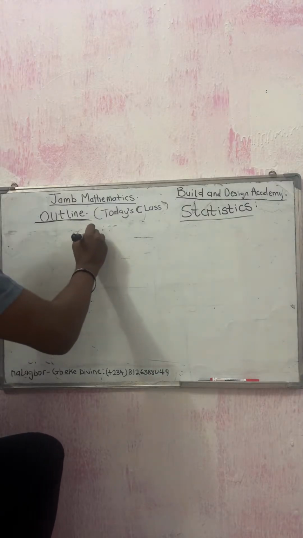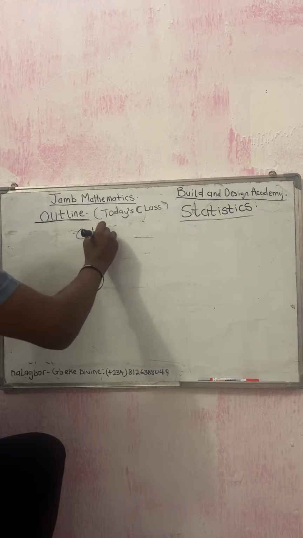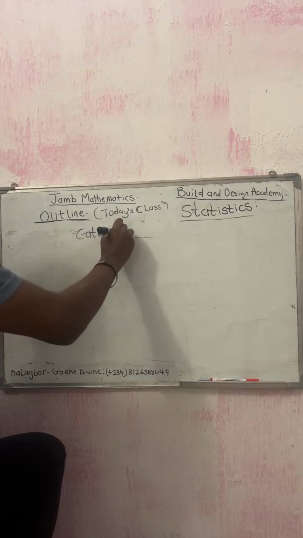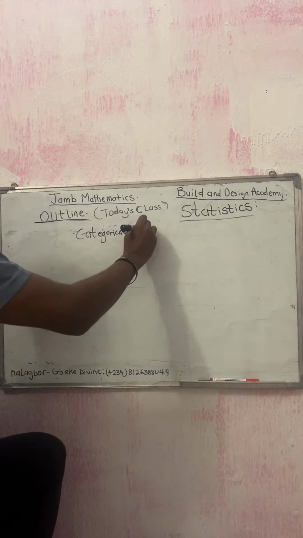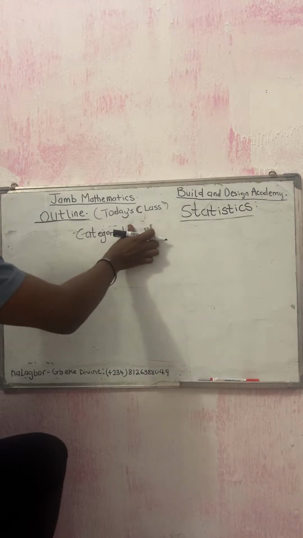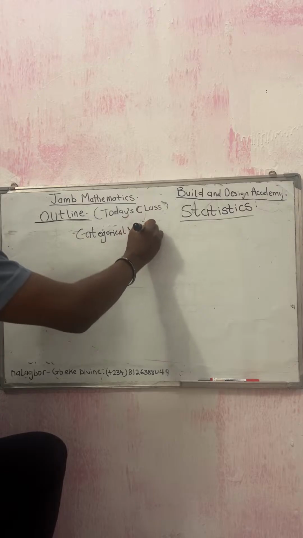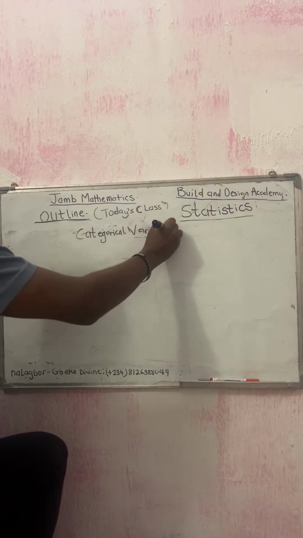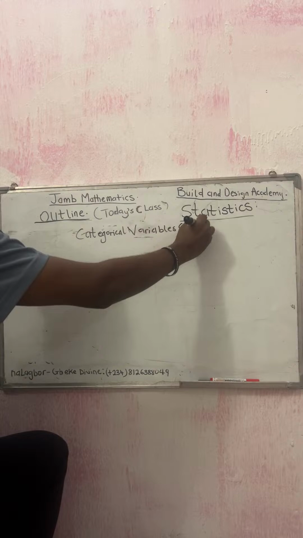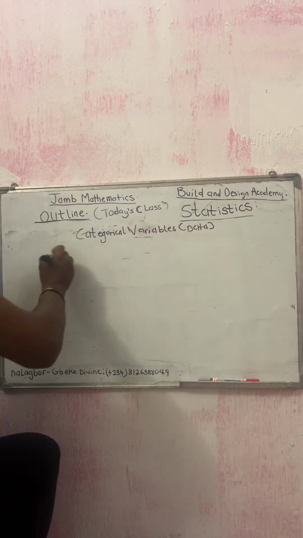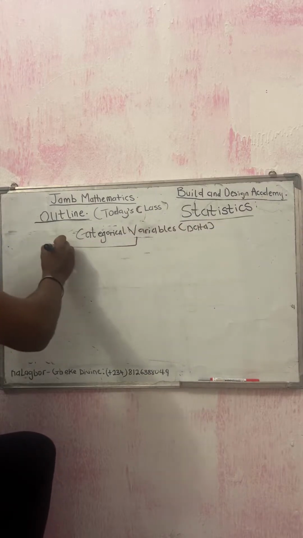So under categorical variables or data, let's use variables, or data, put it in bracket, we have two types.